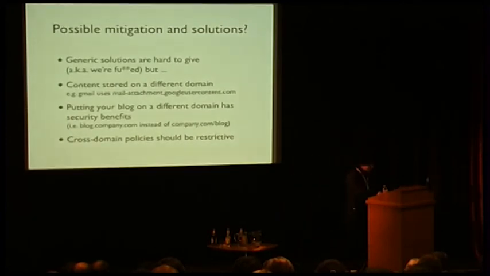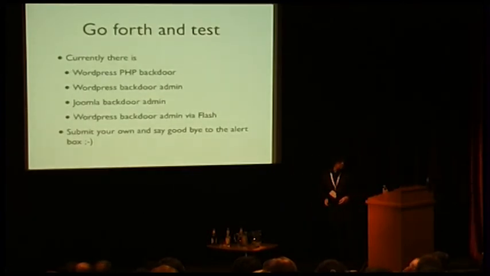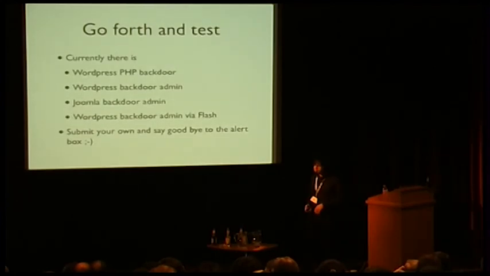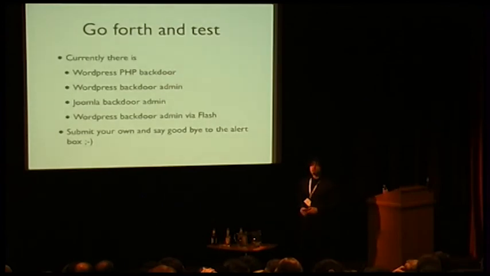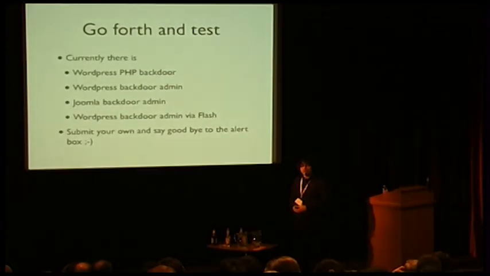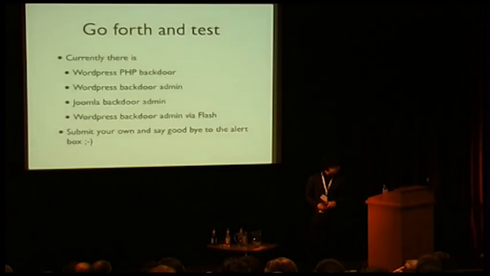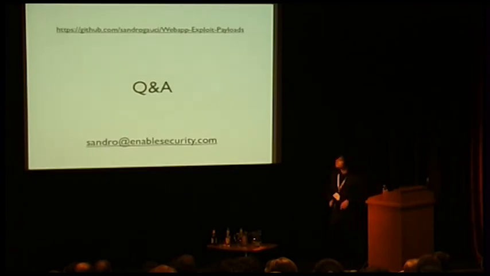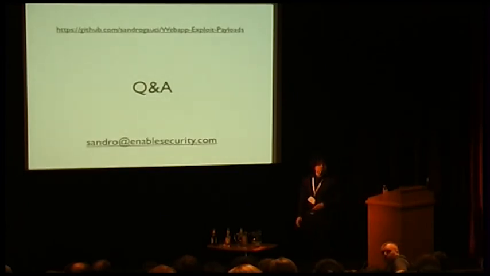With this presentation, I will publish some code, the code that we saw here. There are only these few examples, but it's rather easy to add more. I hope that you guys will submit your own and contribute. So go forth and test and give me feedback. It's over here. And I think we have a few seconds for questions.